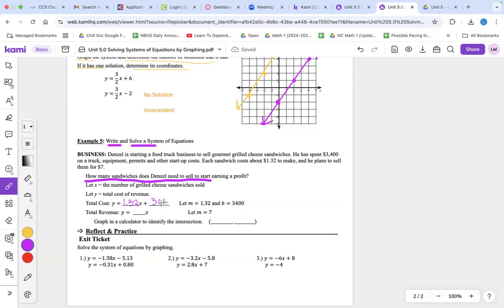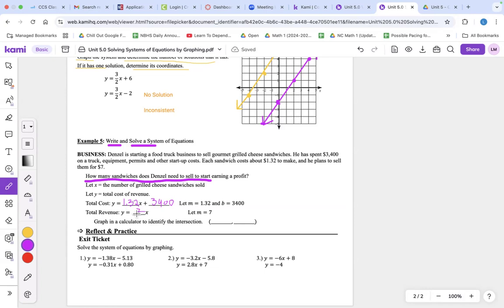We've already spent that. Now, the revenue is, M is going to equal 7. Why? Because we're going to sell those sandwiches for $7. What does that mean? That means he made the sandwiches for $1.32, but he's going to sell them for $7.